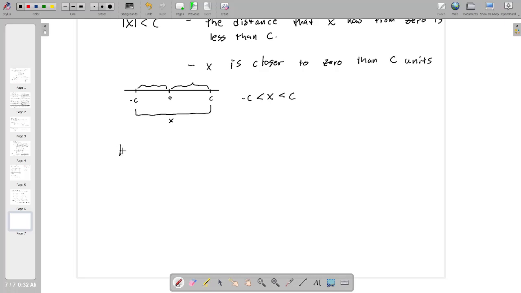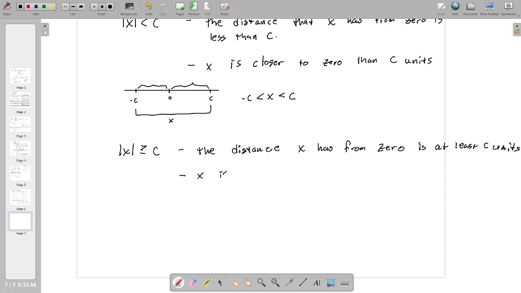Similarly, absolute value of x being greater than c, what this means is that the distance x has from 0 is at least c units, or x is c units or farther from 0.